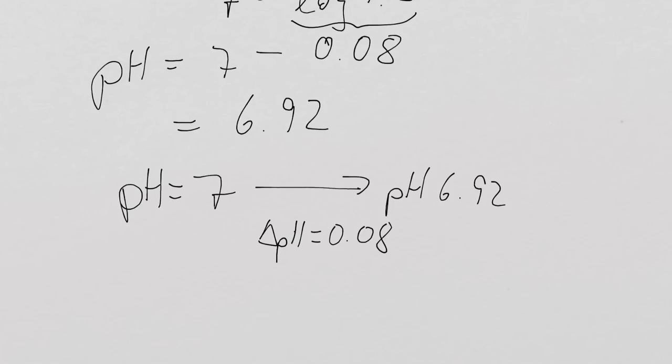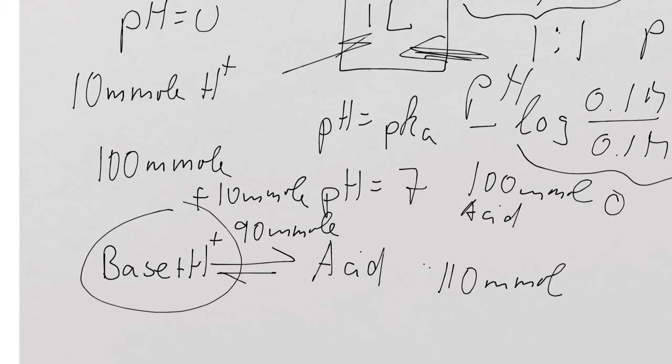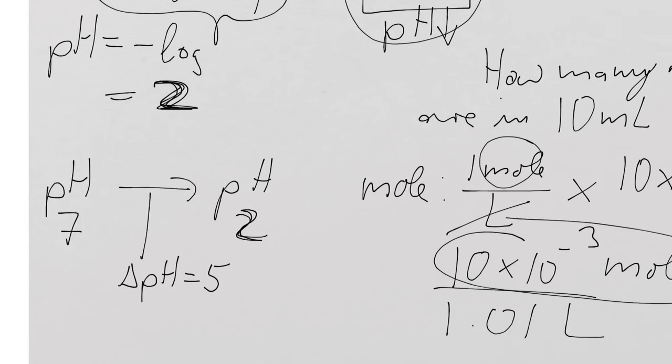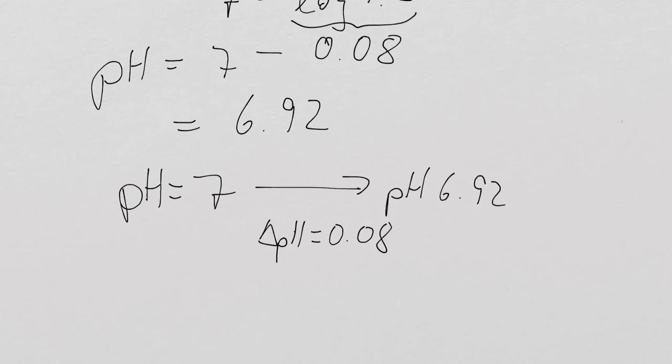The only difference was, if you remember, earlier on we did that with pure water. The difference in pH was 5, 5 pH units. Now, with this little trick, we added the same amount of acid, but we only got a pH difference of 0.08.